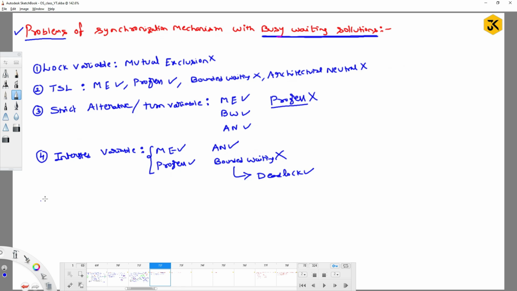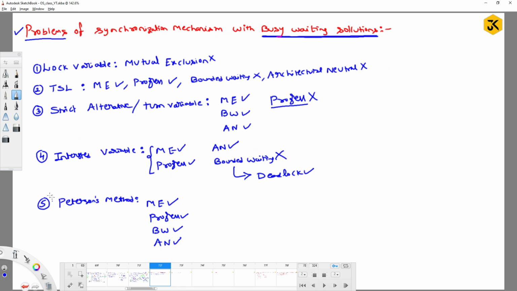That is the reason we are moving to one more kind of algorithm, that is Peterson's method. So this is the algorithm which can satisfy all the four conditions. Mutual exclusion is satisfied, progress is satisfied, bounded waiting is satisfied, and architectural neutrality is satisfied, right?